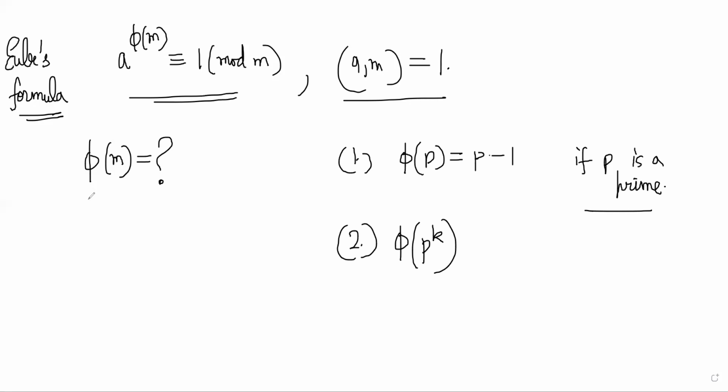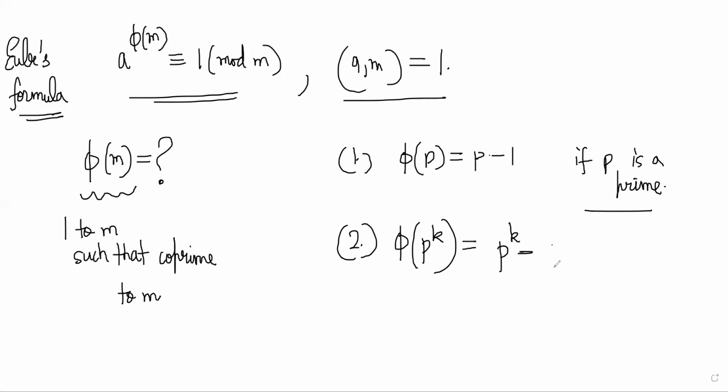Phi means the number of numbers from 1 to m that are co-prime to m. It's p to the power of k minus k. Slightly wrong, but think about it. The answer is this: p power k minus p power k minus 1.